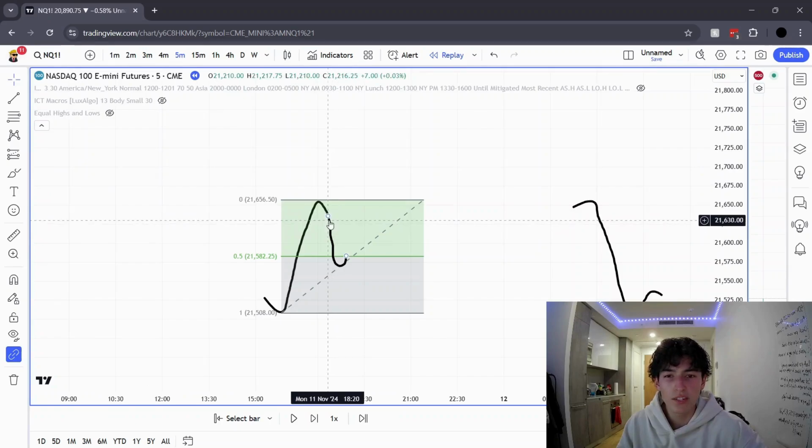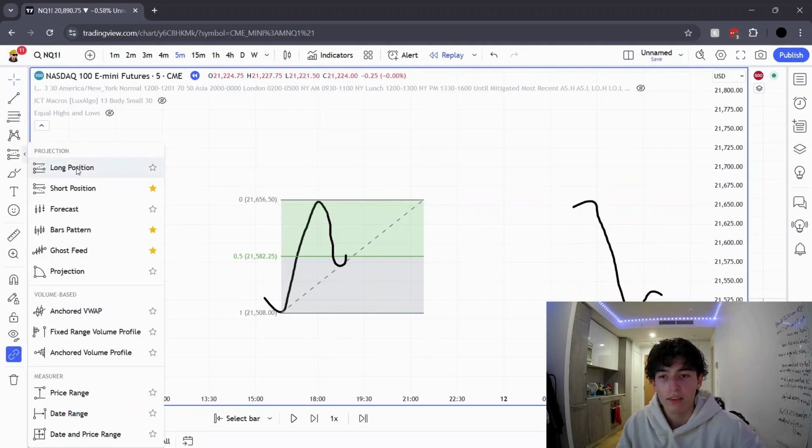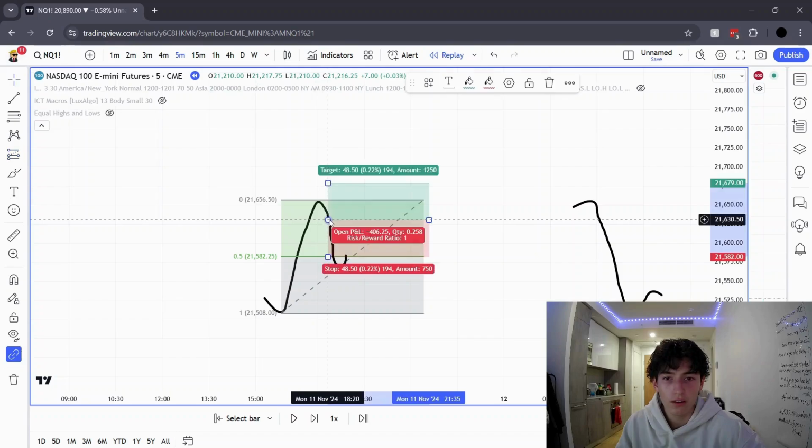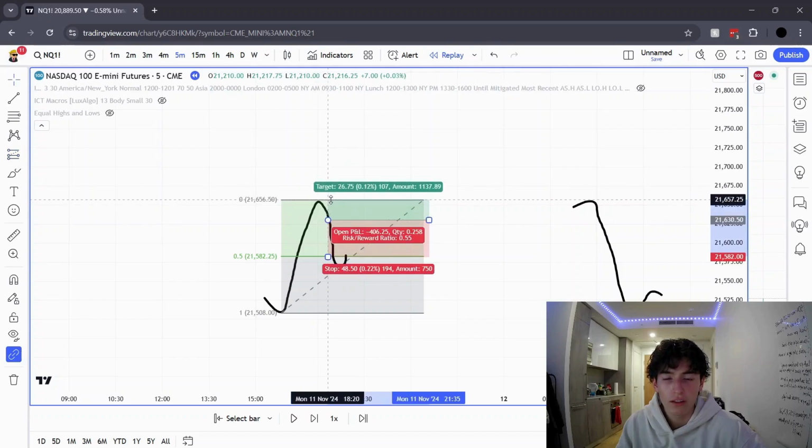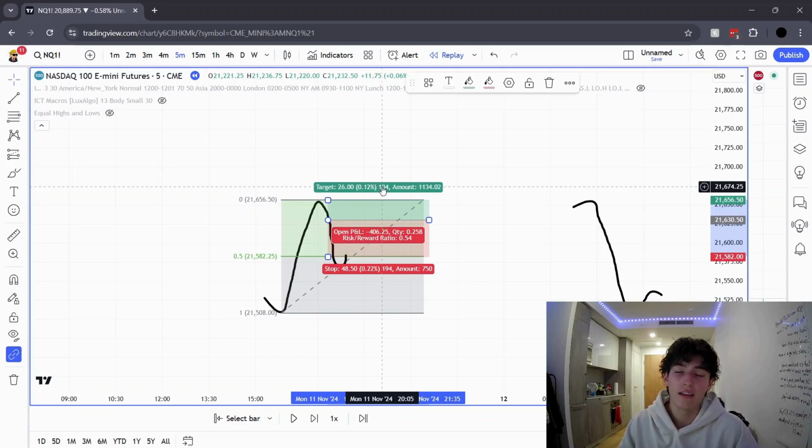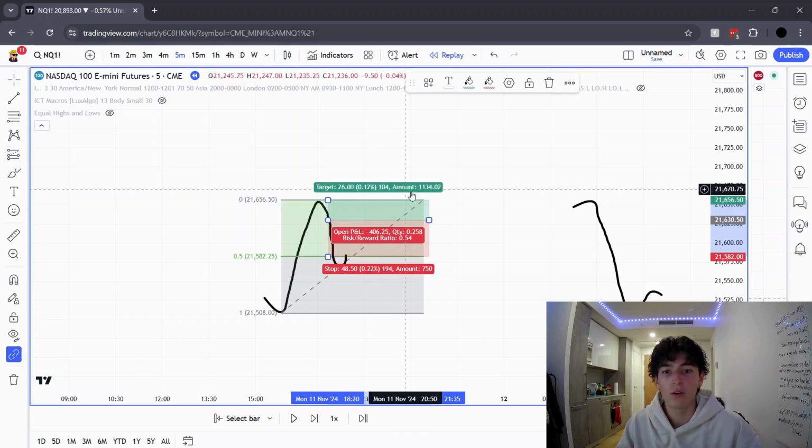Because let's say you were taking a long all the way up here, then your profit target should be that high, right? Because after that, you don't know if it's going to keep going higher. Market might just be fine with taking that high and then go lower.